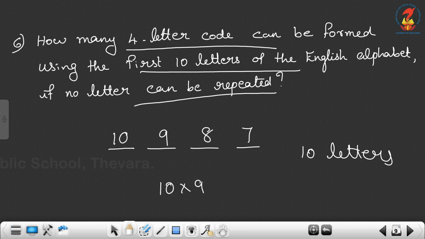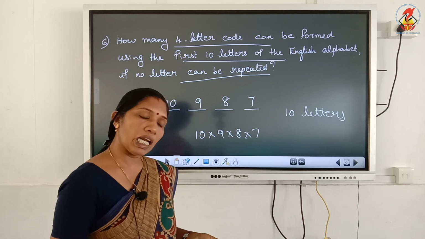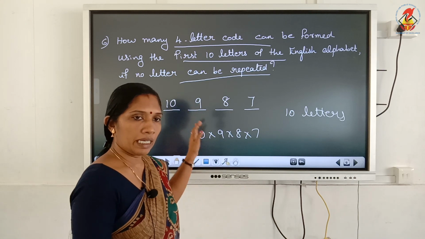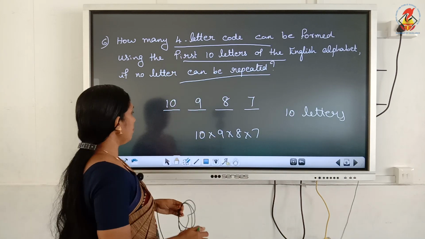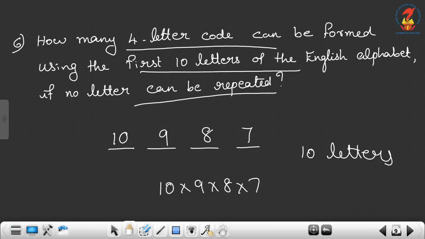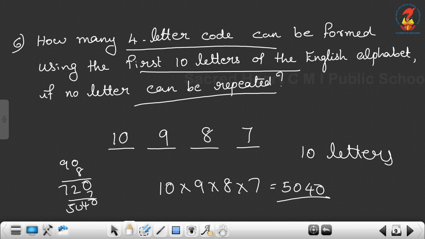So 10 into 9 into 8 into 7. If repetition is allowed, then how do we write? 10 into 10 into 10 into 10. Okay, now you multiply 90 into 8, 720, into 7, 5040. So that many 4-letter codes are possible.